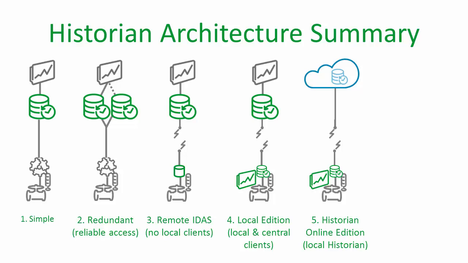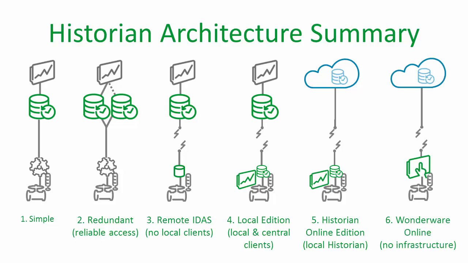Historian Online Edition is our first hosted historian offering from 2013. It's the same bits that you can install on premise, but we delivered it as a service. It's a tier 2 historian for consolidating data from lots of different sites. Going forward, the emphasis is really more on Wonderware Online, which today is a tier 1 historian for small applications.